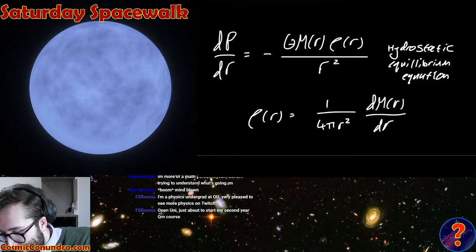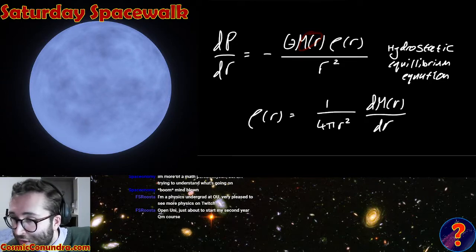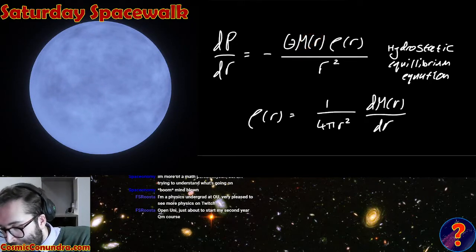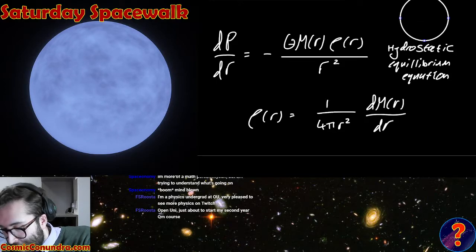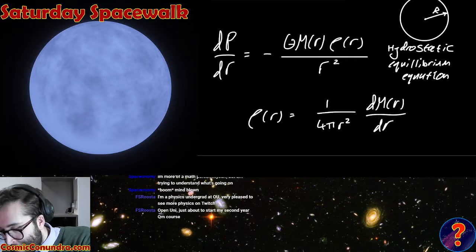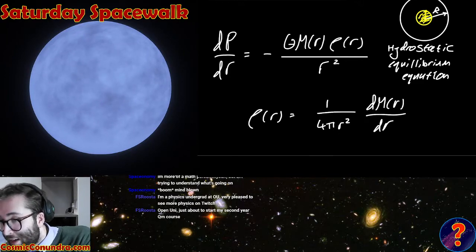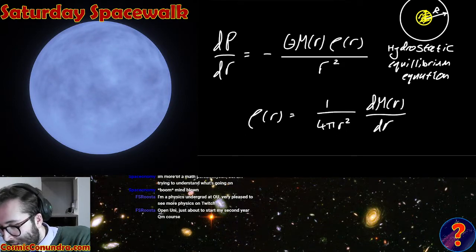I should say m(r) here is the mass up to some radius r of the star. So say you've got a star of total radius big R, m(r) would be the mass enclosed just up to some smaller radius, little r.